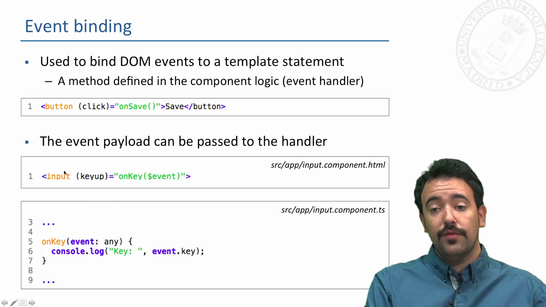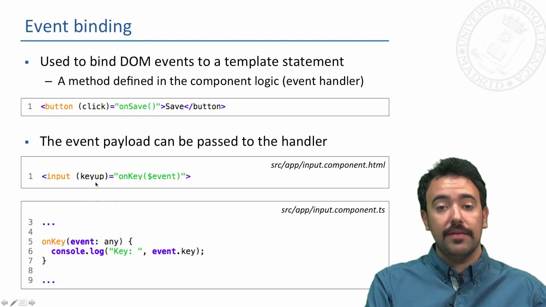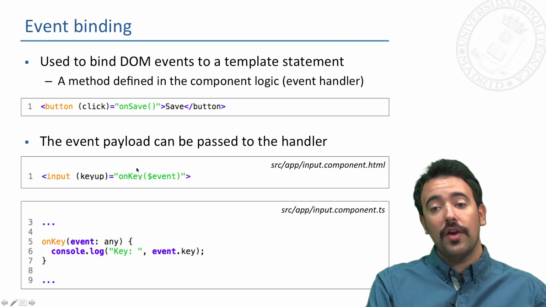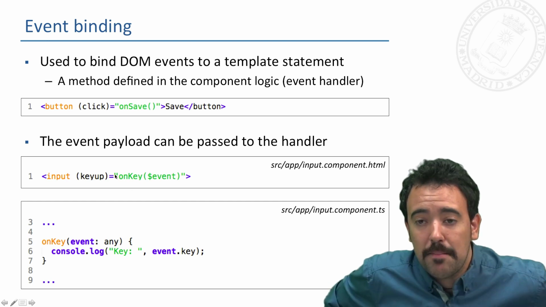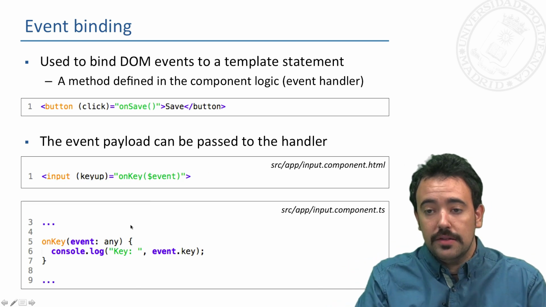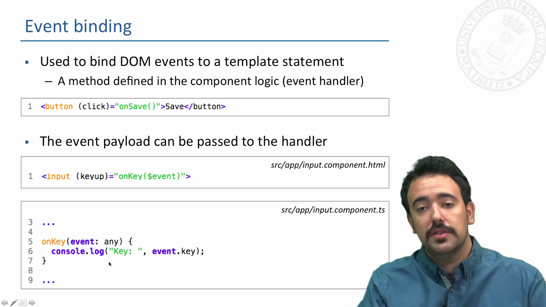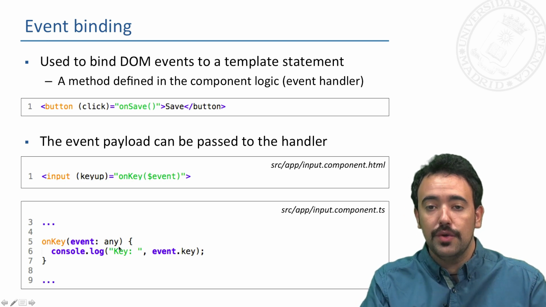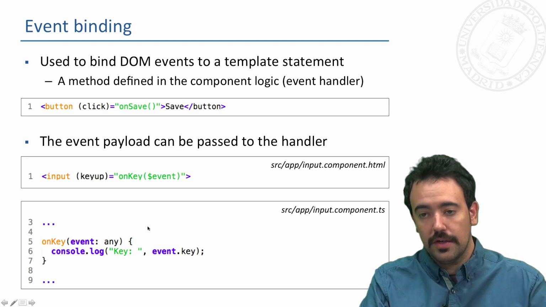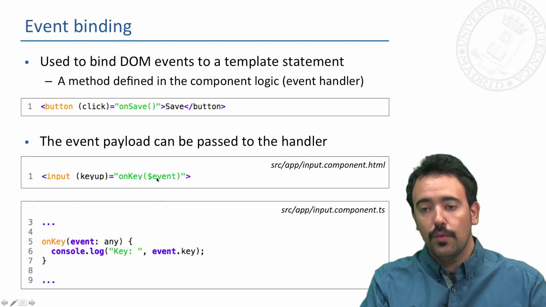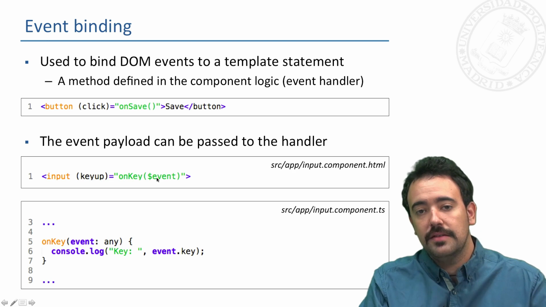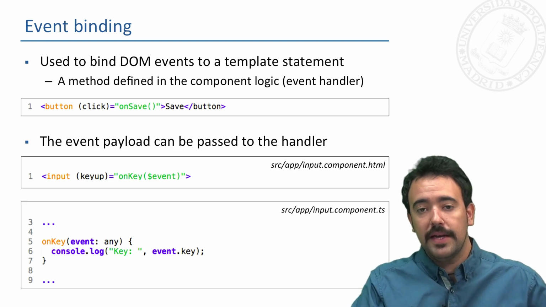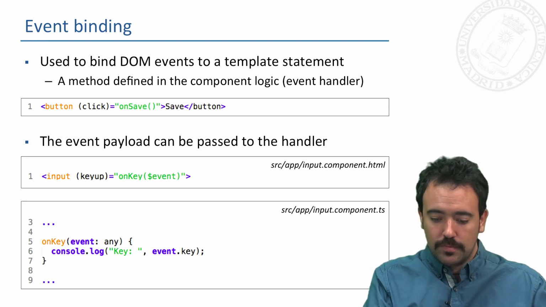For instance, we are capturing a keyup event in the web interface, and we can pass to the onKey method the payload of the event, in this case just for displaying the specific key the user has pressed on the keyboard. This is the way in which we can pass the event payload from the template to the component logic.